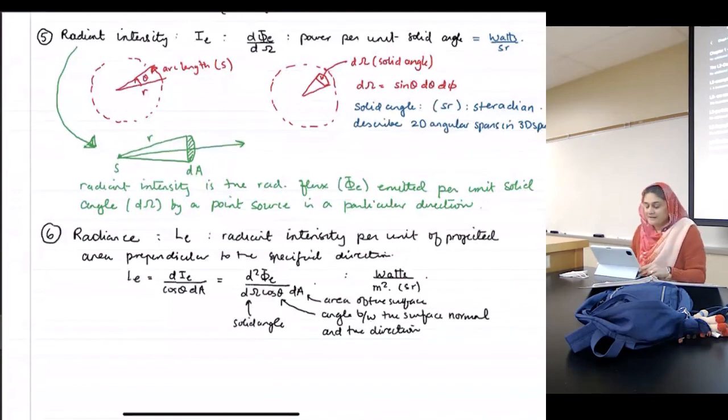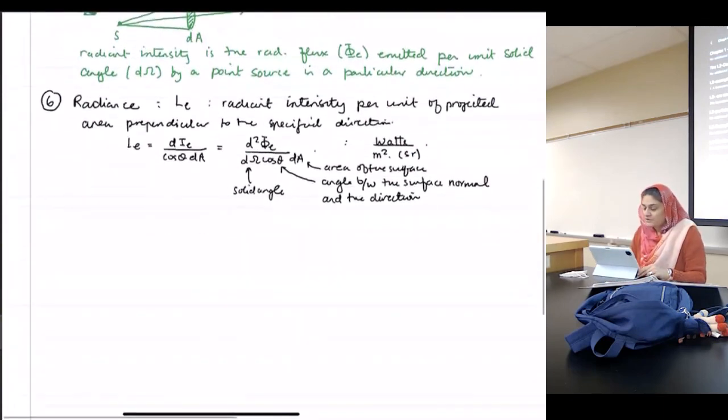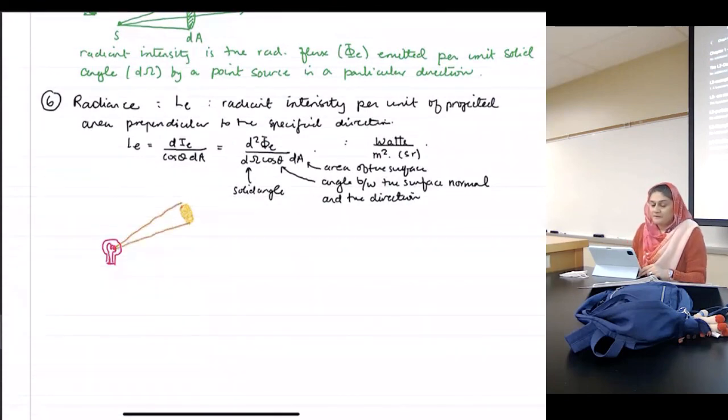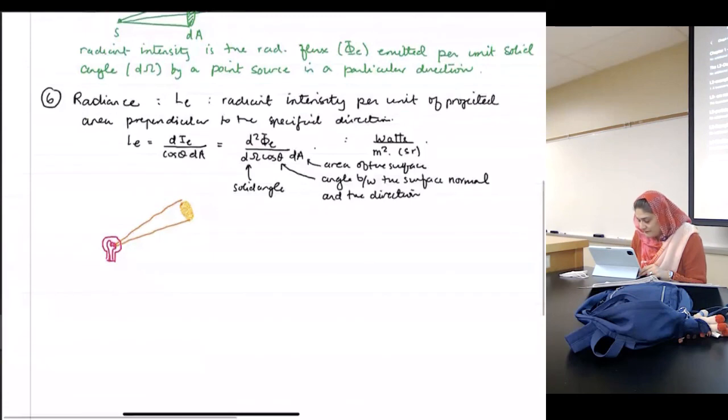So if I look at this, what does that look like? So imagine that this is my source, okay? And this is my observation point. This is my area of observation. Then that will be my theta.